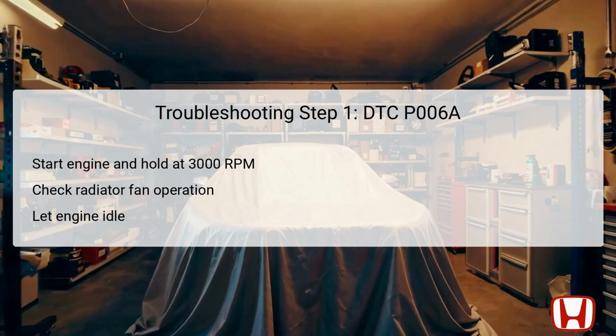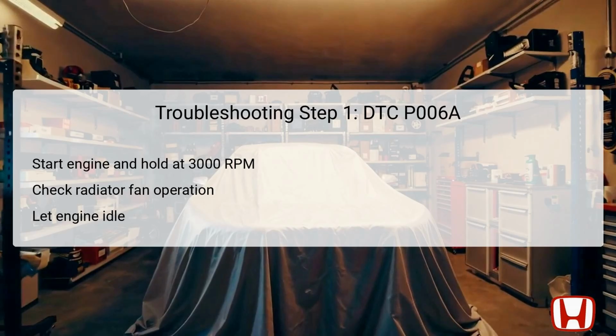To begin diagnosing the P006A code, the first step is to start the engine and hold it at 3,000 RPM without any load, meaning the vehicle should be in park, P, or neutral, N, until the radiator fan activates. This step ensures that the engine reaches its operating temperature and that airflow patterns are properly assessed.